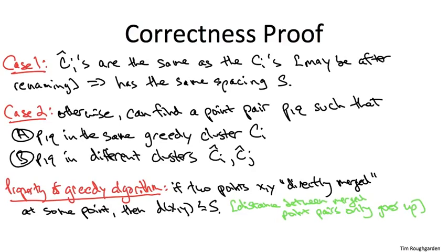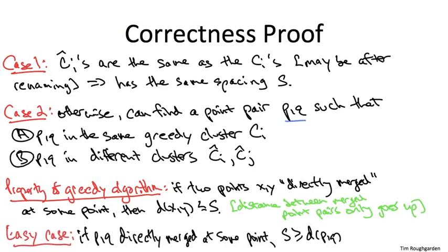Okay, so the point is, every pair of points directly merged by the greedy algorithm is always a distance at most capital S away from each other. So the easy case is when this pair of points P and Q, which on the one hand lie in a common greedy cluster, but on the other hand lie in different clusters of the C hats, were at some point not merely in the same cluster, but actually directly merged by the greedy algorithm.